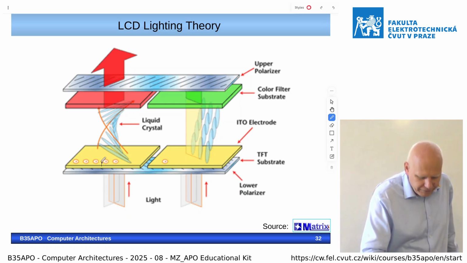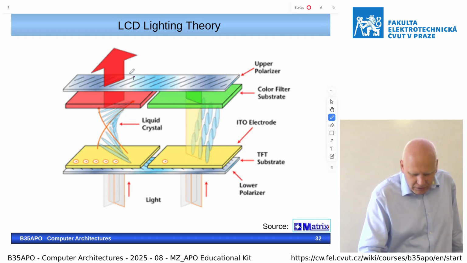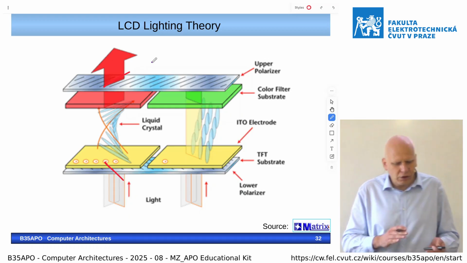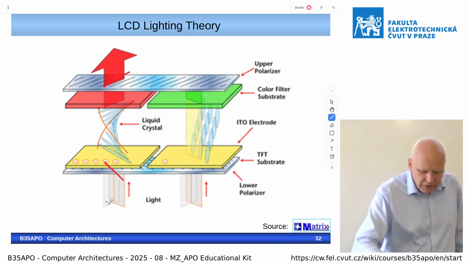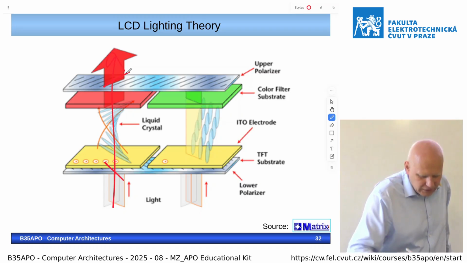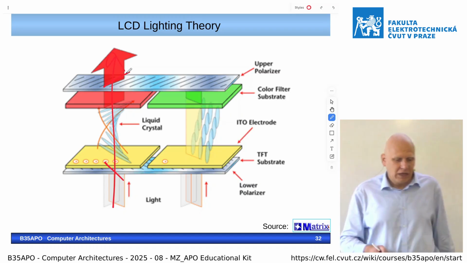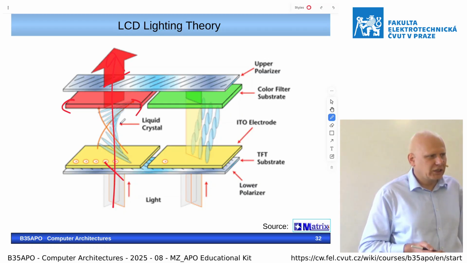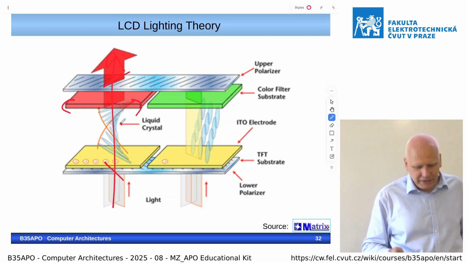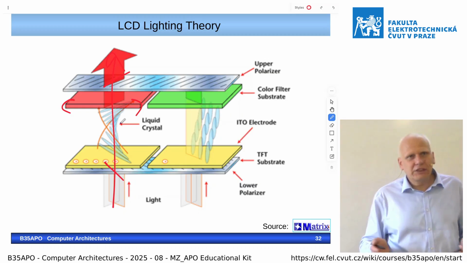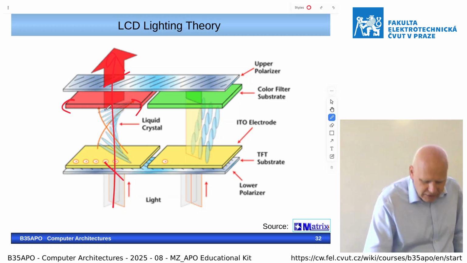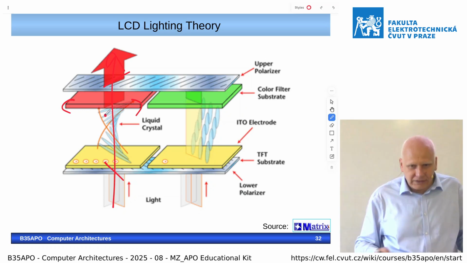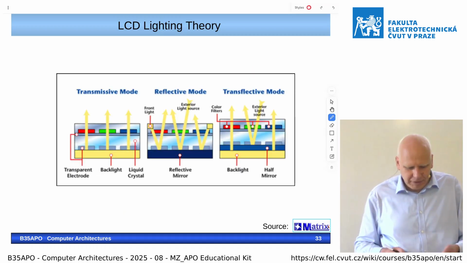And if you have a polarization filter on bottom and top, then you can control how much of the light goes, for example, from the backlight to the screen output. And if you add there the filters for the individual colors, then you can have an RGB display. Today you can switch sometimes even to LEDs, where the actual component is a light emitting diode in each of the pixels, but LCDs are typically implemented this way.